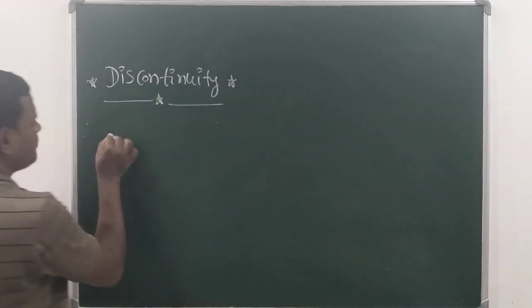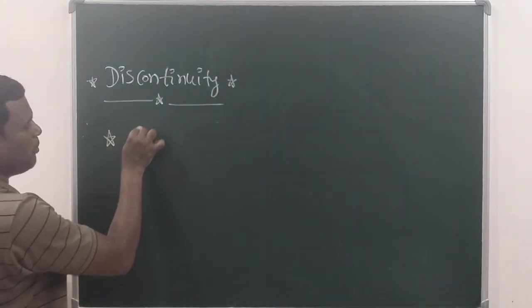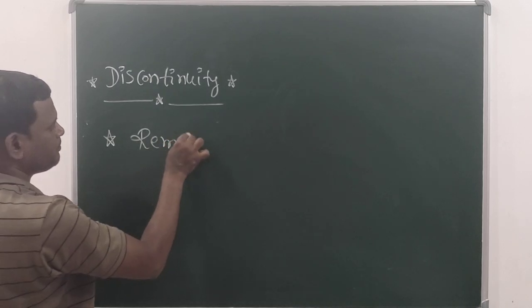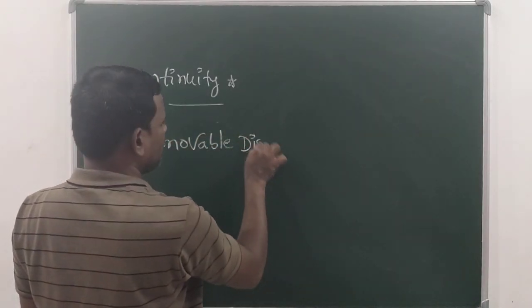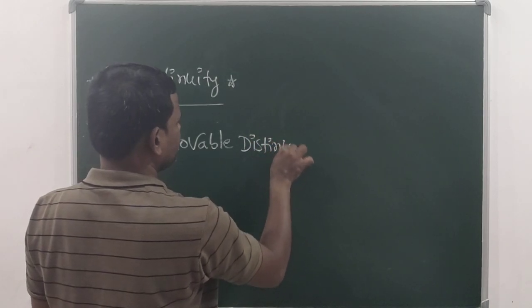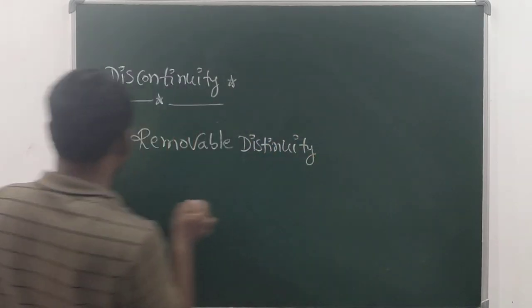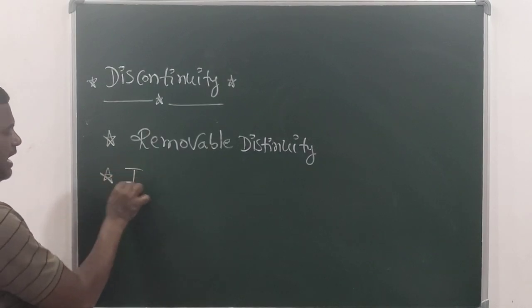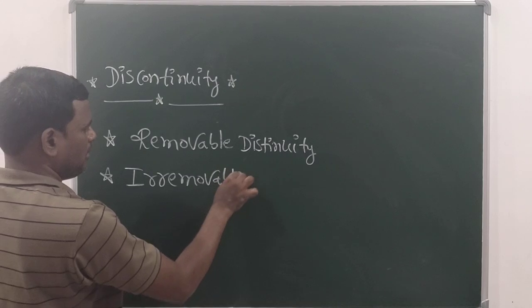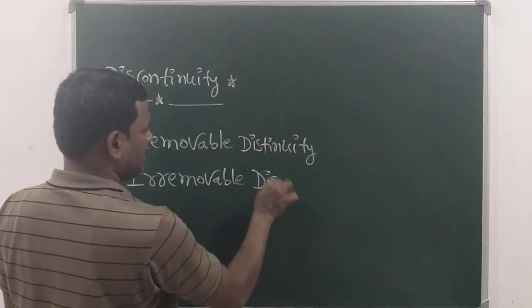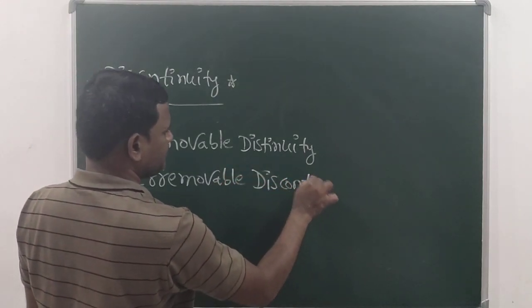One is called removable discontinuity, and the second one is irremovable discontinuity.